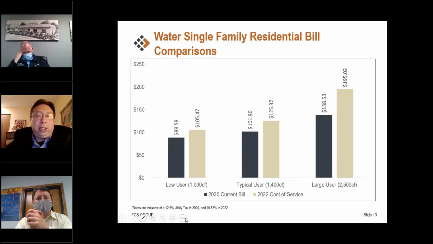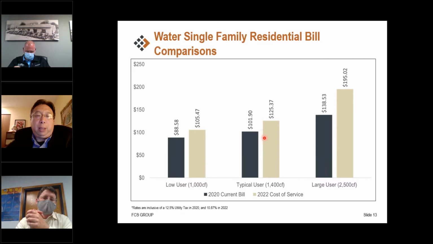Again, this takes into account the change in the utility tax. So for the low water user, their billing would increase, as you can see here, by a little bit less than $20 every 2 months. These are bi-monthly charges. For a typical water user, their billing would increase by about $24 every 2 months.